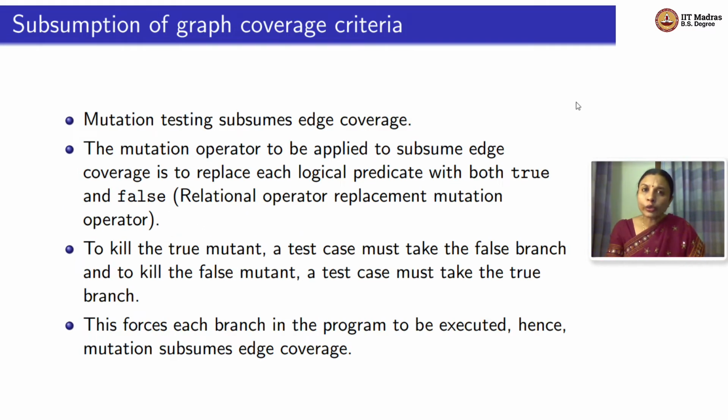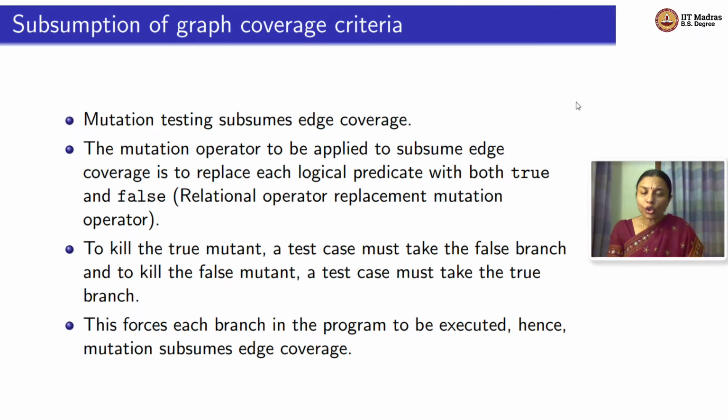Mutation testing also subsumes edge coverage. What is edge coverage? There was a predicate labeling a decision statement, and two different edges go out of that particular node in the control flow graph. One takes the true branch, one corresponds to the false branch.